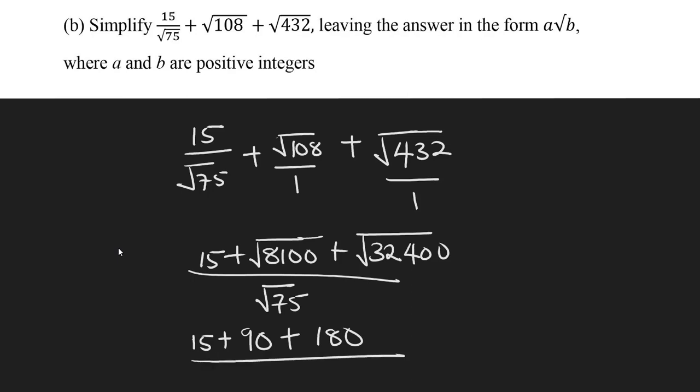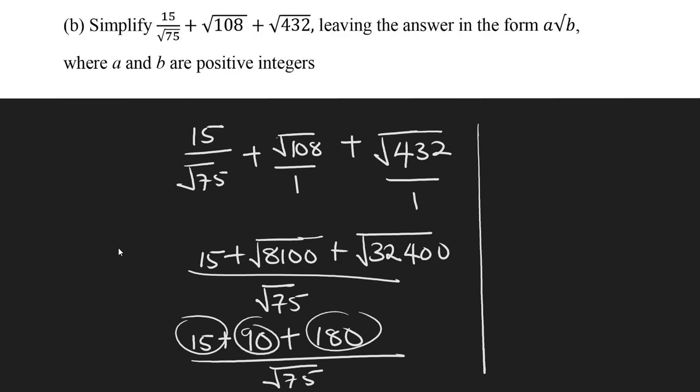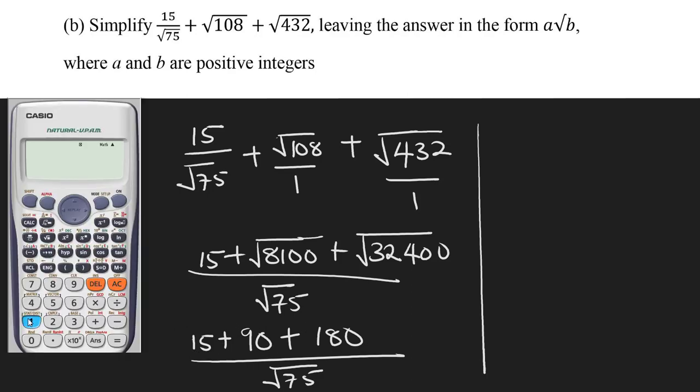Remember, over we have our LCM here as our denominator, root 75. So we're going to add 15 plus 90 plus 180.